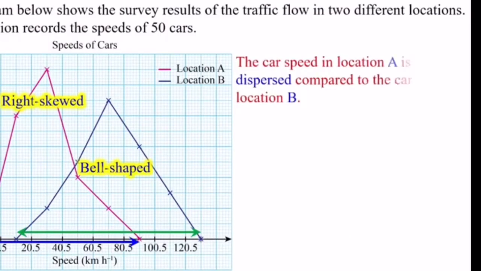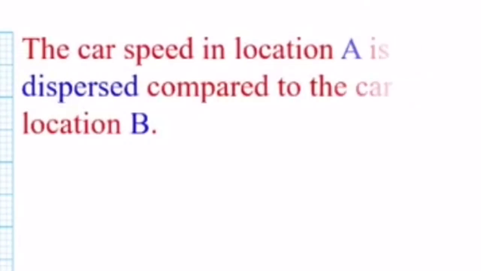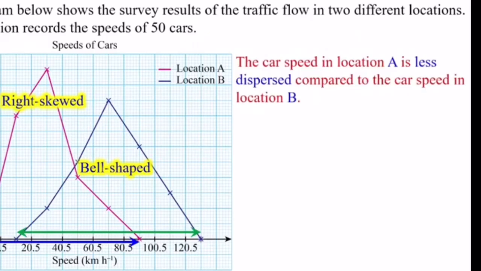So our justification is the car speed in location A is less dispersed compared to the car speed in location B, right? So this is the so-called general statement that you can make based on the width of the blue line and the green line, which shows the dispersion of the two graphs.